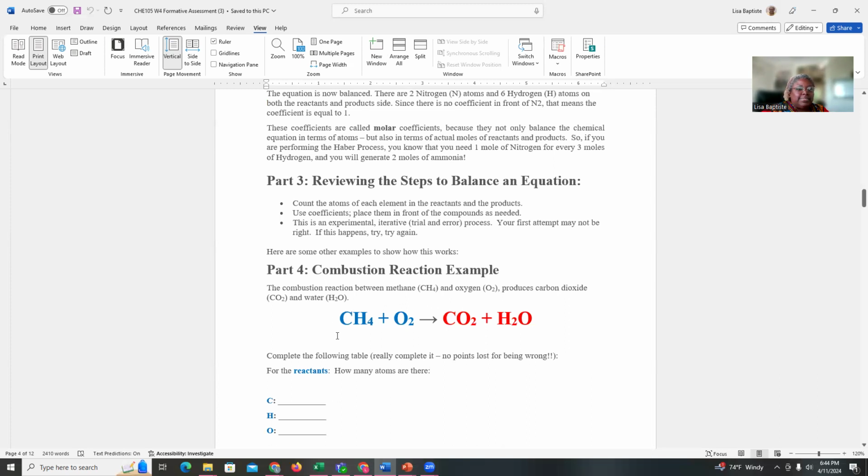If we look at these substances, we have C for carbon, H for hydrogen, O for oxygen, and you should have the same elements on the product side as well. The numbers after those are what we call subscripts; those are the number of atoms of each element.